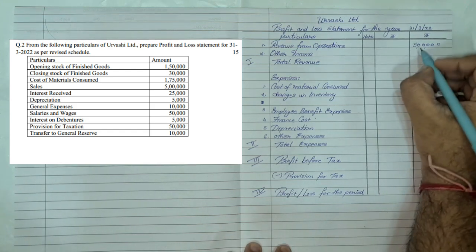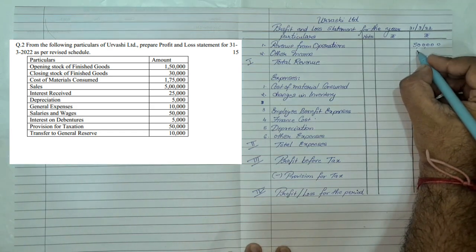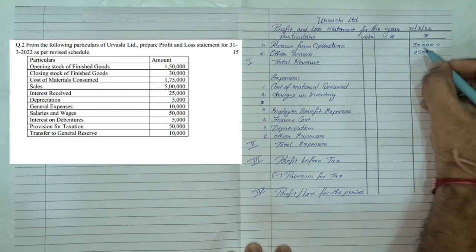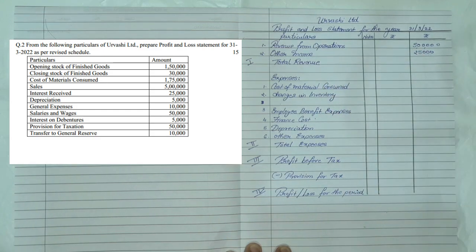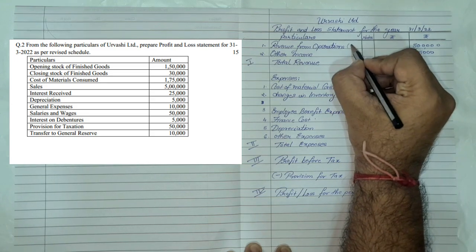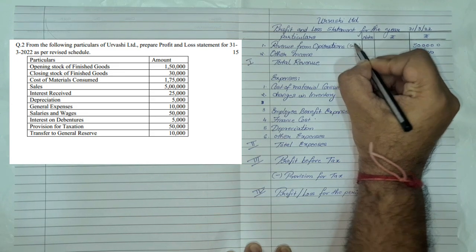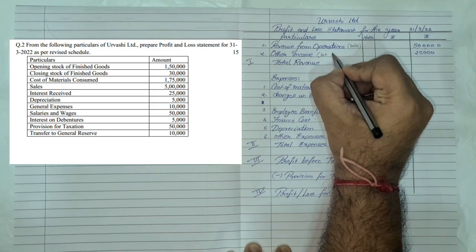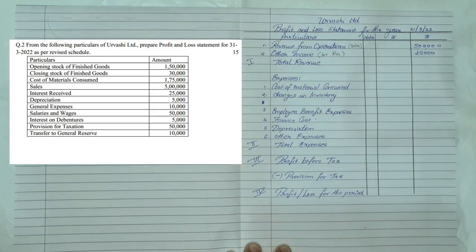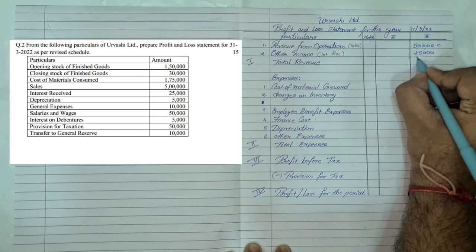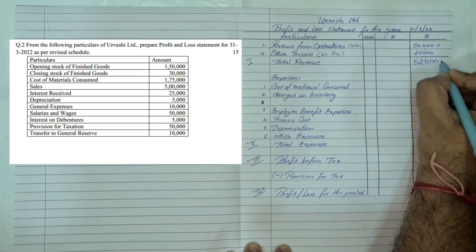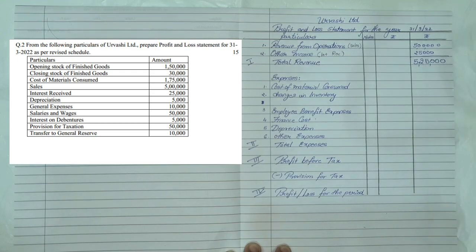So under other income, we have only one value which is interest received, which is 25,000. If you want to show that, here in brackets you can write: this is sales and this was interest received. Next, when we add up, we get the total revenue. So 5 lakh plus 25,000 is 5 lakh 25,000. That's our total revenue.